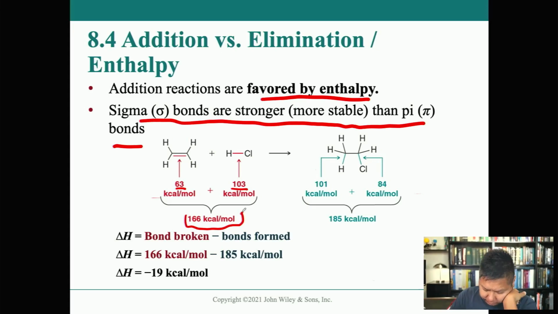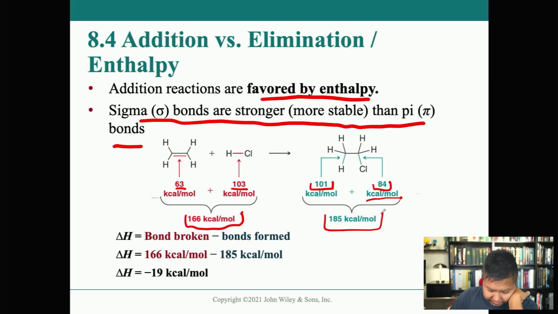When we form bonds, forming the hydrogen-carbon bond is 101 kilocalories per mole, and forming the carbon-chlorine bond is 84 kilocalories per mole, which gives you 185 kilocalories per mole.